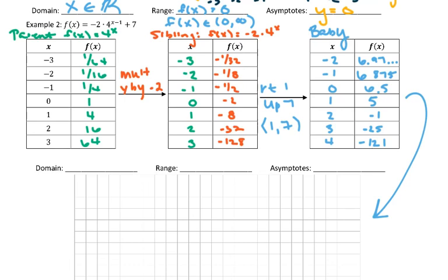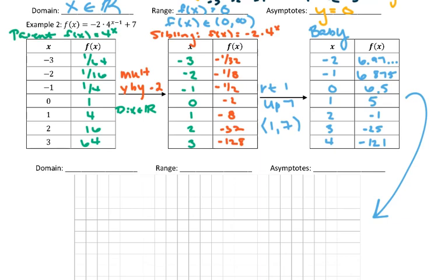In order to figure out your domain, range, and asymptote for that final function, what you're going to want to do is think about the domain, range, and asymptote for the parent function and the sibling function also. So your domain for that parent function is always going to be all real numbers. So then those are your x values. So what did you do for your x values from the parent to the sibling?